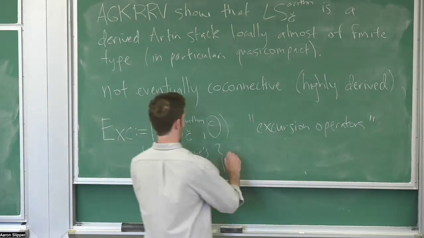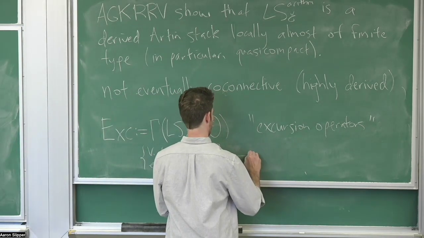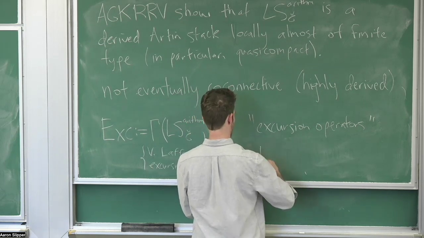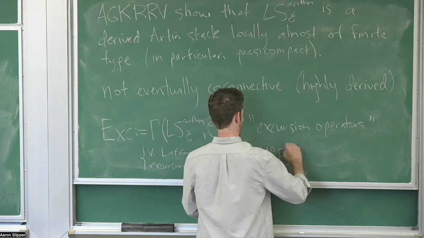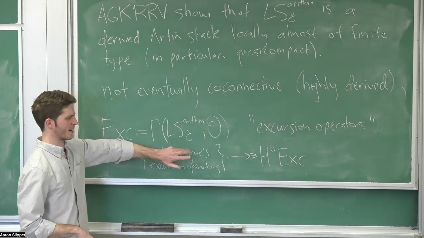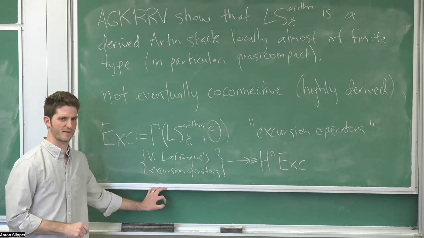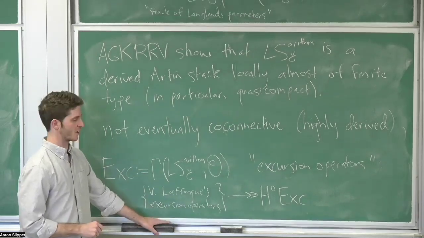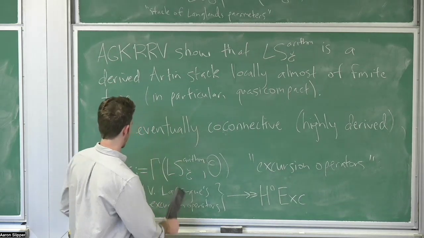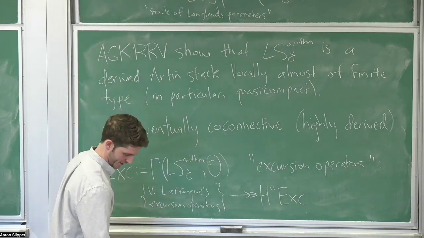So what you can say is that there's a map from his classical algebra of excursion operators to H0 of this derived thing, and it's surjective. You should think this is somehow huge and includes a lot of nasty stuff. The topology on the object.